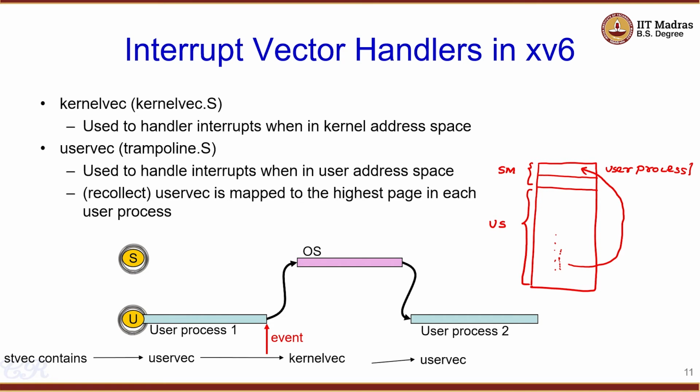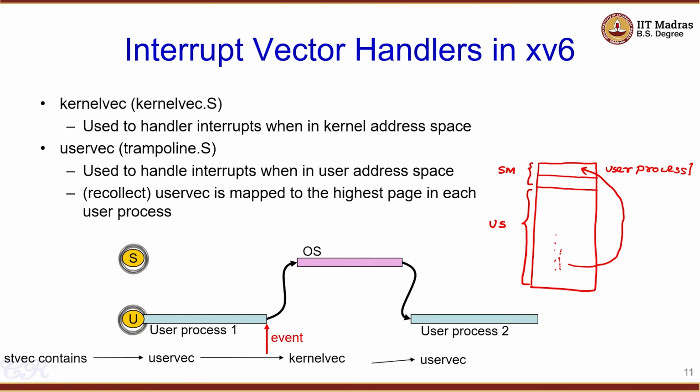This switch is done automatically by setting the appropriate mode bits. The question here is where in this trampoline the program counter should start, where the instructions should be executed.